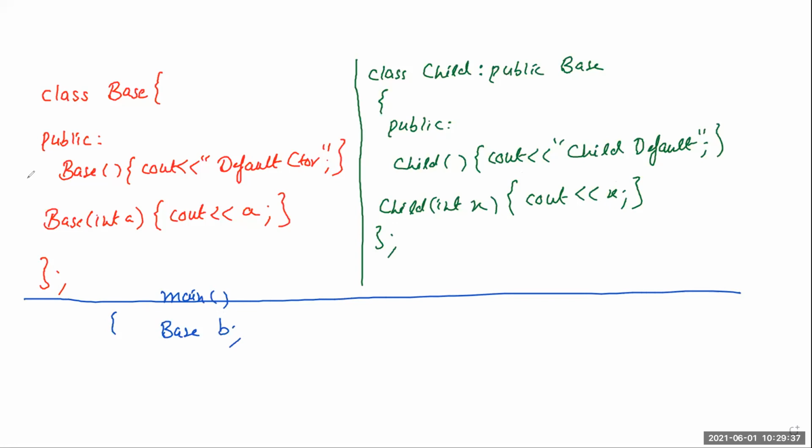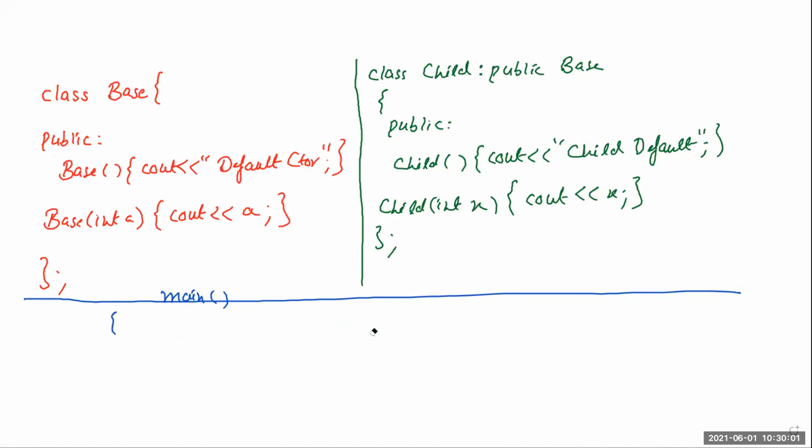The object is created and this constructor is called. So you see default constructor on the screen. On the other hand, if I make an object like this, base b, and pass it an integer argument, then the parameterized constructor is called. We see the value 2 printed on the screen. This is something we already know from our previous knowledge.